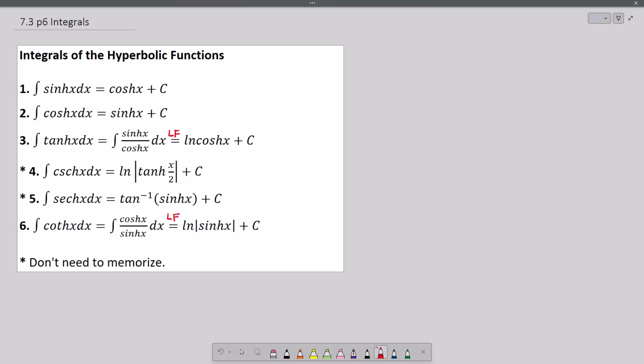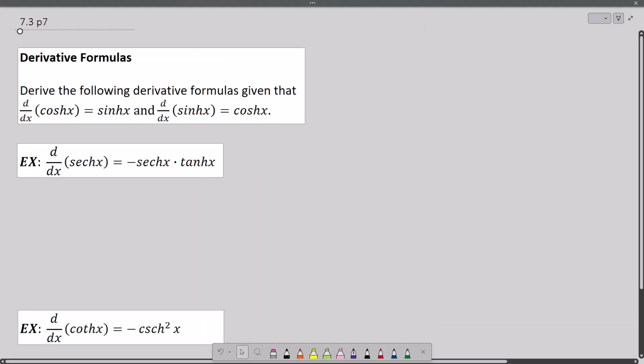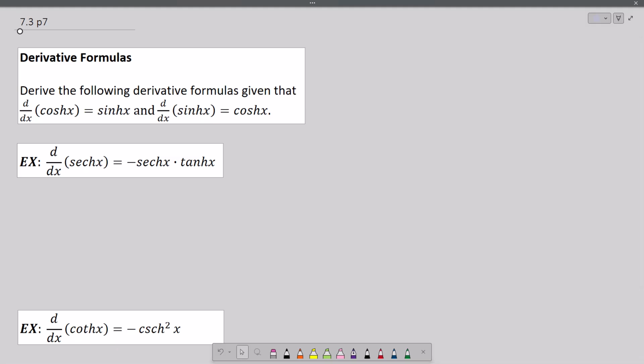And now, finally, we get to do a problem. Just like in calculus, you figured out the derivative of sine and cosine with limits, and then once you had those derivatives, you used those to find all the others. So we're just going to start knowing those two derivatives.